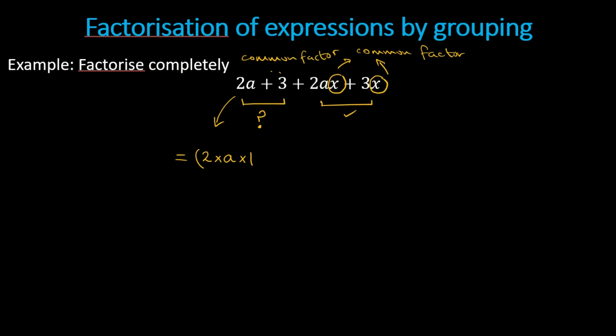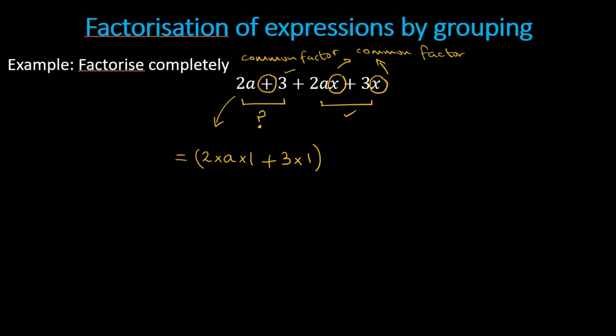Because we can't easily pick the common factor. When you have a situation like this where you can't easily say what is the common factor, you have to include times 1. Okay? Then you have your plus, you insert your plus. 3 is simply 3 times 1.